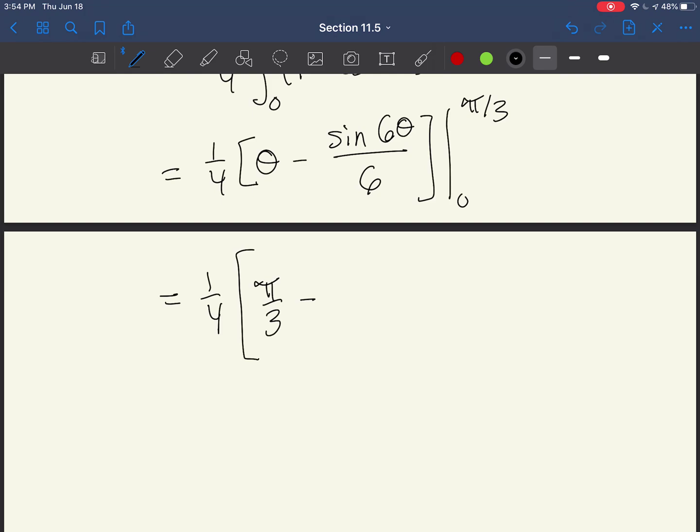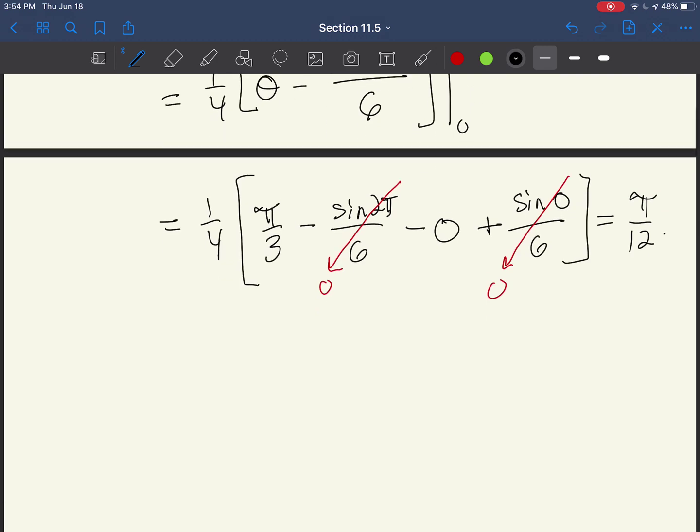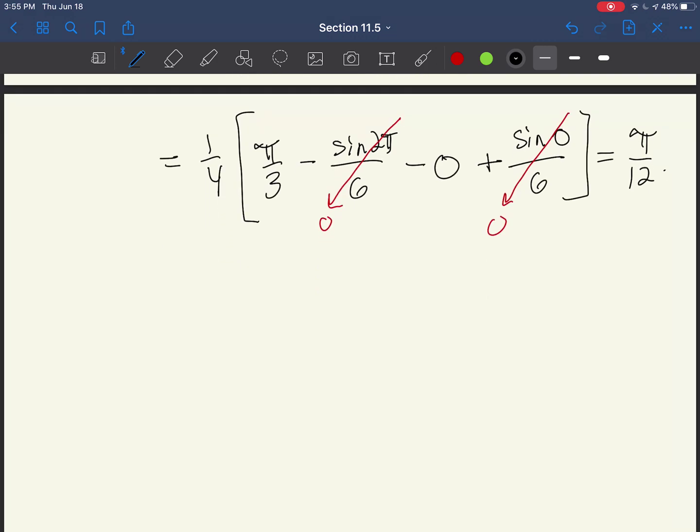So this is 1/4 times, evaluate this at pi over 3, we get pi over 3, minus sine of 6 pi over 3 is sine of 2 pi, divided by 6, minus evaluating at 0, so that would be 0. Distribute the negative sign to get plus sine of 0 over 6. And sine of 2 pi is 0. Sine of 0 is 0. So we just get pi over 12.